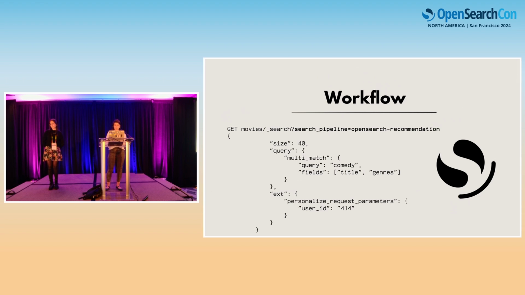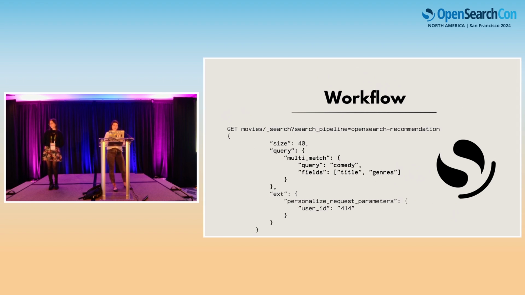Additionally, as Laysa mentioned, it usually ranks the top N results. That's why we specify the size 40. After that, we also do not get all data. We want to get specific data. That's why we use multi-match and query comedy. And usually it should match with title or genre.